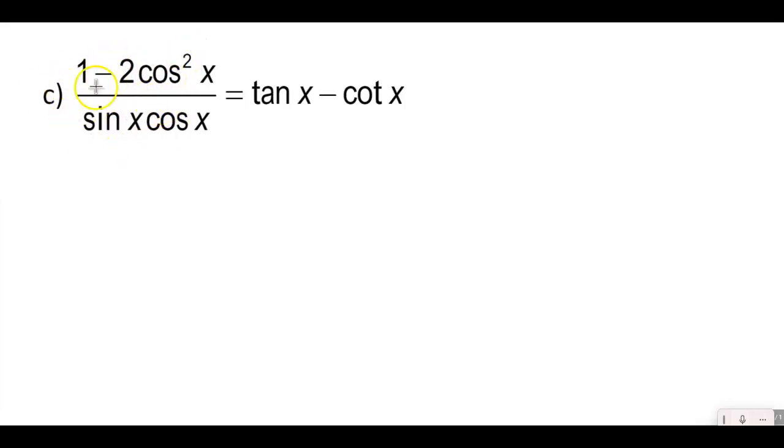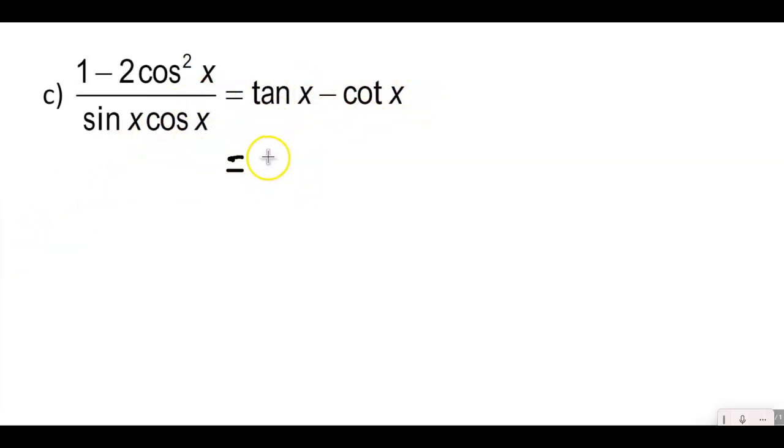So if you have one side that's just sines and cosines, and another side that has something other than that, or more than that, start on that side. So for that reason, I'm going to leave the left-hand side alone for now. Okay? And I'm just going to simplify each one of these.